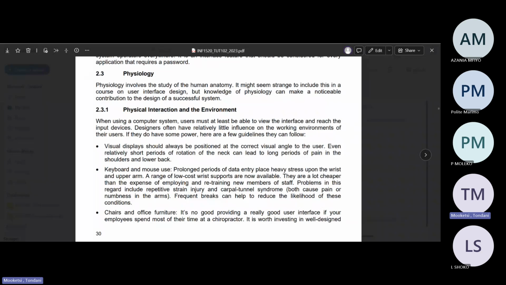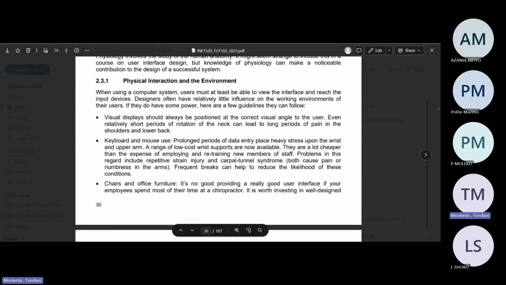So visual displays refers to monitors or screens. In this case, they need to be at a correct visual angle to the user.